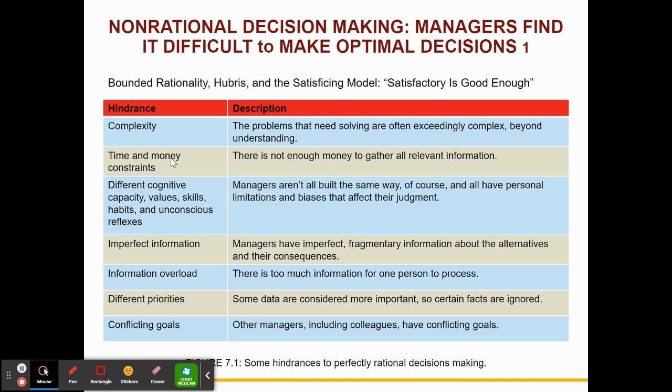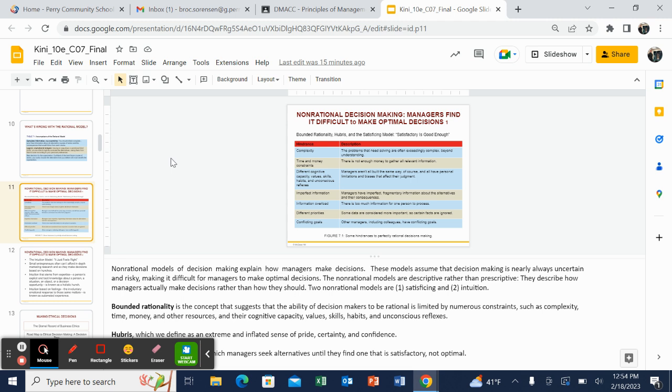Or there are other ulterior motives in the business world that can hinder decision making, right? So in the business world, too often we find ourselves in the non-rational decision making model where managers are really trying to battle all of these hindrances in the workplace in order to try and be successful.